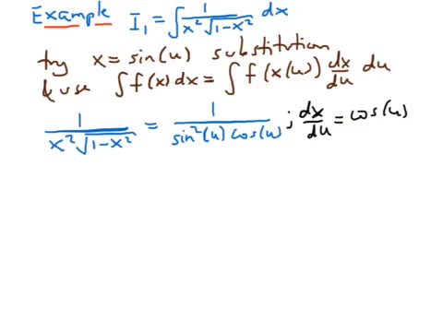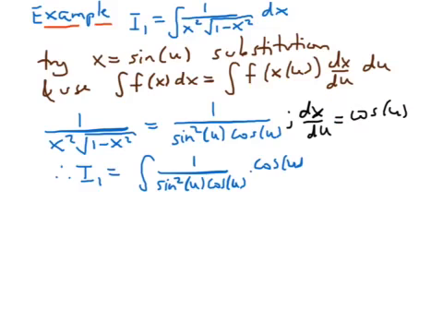So this means that we can now say that I1, the integral we want to calculate, is the integral of, now our integrand factor is this, so it's 1 over sine squared u cos u, and then we multiply this by dx du, cos u, so we get cos of u, and integrate with respect to our new variable.